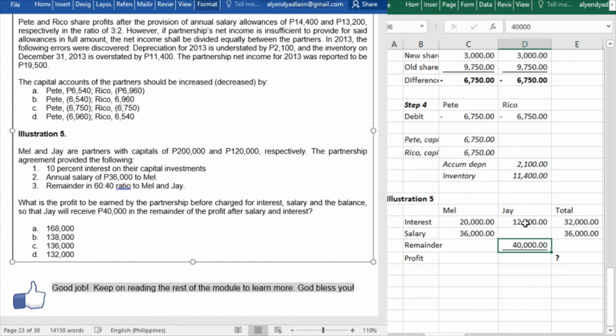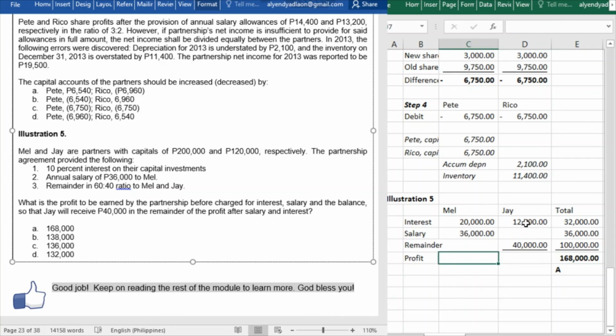Since the remainder to be received by J is 40,000 and his share in the remainder is 40%, then we just have to divide 40,000 by 40% so we can get the 100%. After that, we can already compute our profit: interest plus salary plus the needed remainder. So our profit is 168,000 pesos, and that is letter A.